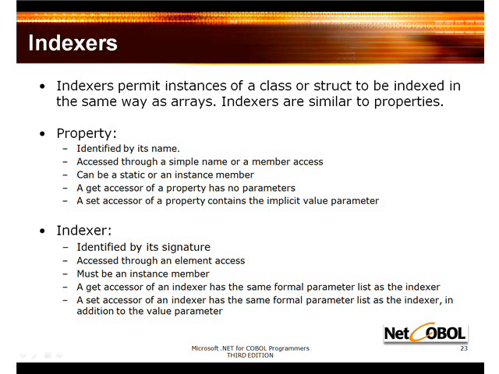Indexers can be identified by their signature and are manipulated or accessed the same way that you would with an element. One more thing. When you define a property, you define a property name. With indexers, instead of creating a name as you do with properties, you use the this keyword, which refers to the object instance, and thus the object name is used.